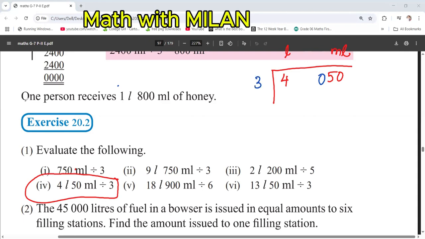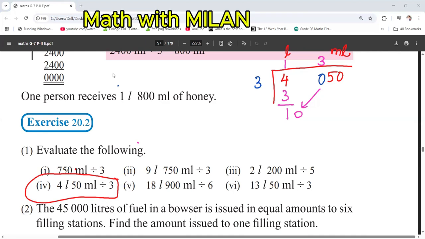Let's see how many 3's are there in 4. There's 1. 1 into 3 is 3. Then you subtract, 4 minus 3 is 1. And you take this 0. That is 10. For 10, there are 3 threes. So you write 3 here, because you took this 0. The moment you touch this number, you have to give the answer in the milliliter section.